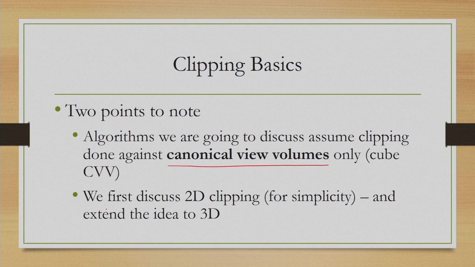So, whenever we are talking of clipping, we assume that the scene is already transferred to the canonical view volume, and then we are performing clipping. Secondly, we will first discuss 2D clipping algorithms. For simplicity, it will be easier to understand clipping when we are dealing with 2D objects, and then we will extend our discussion to 3D clipping.